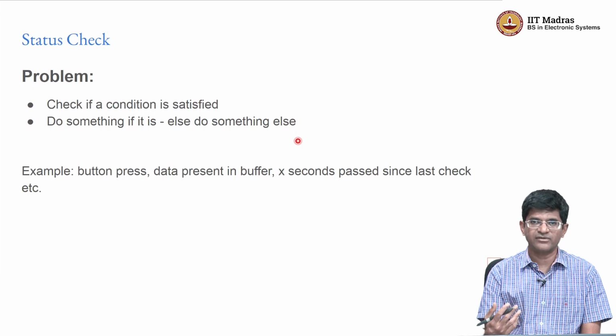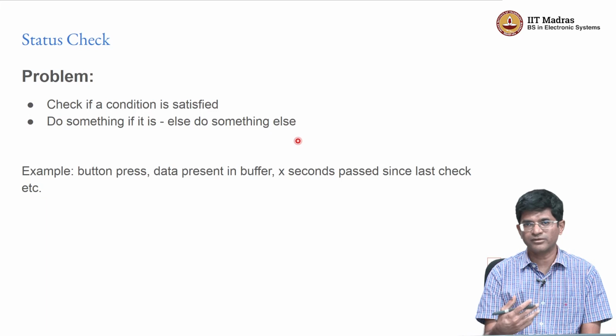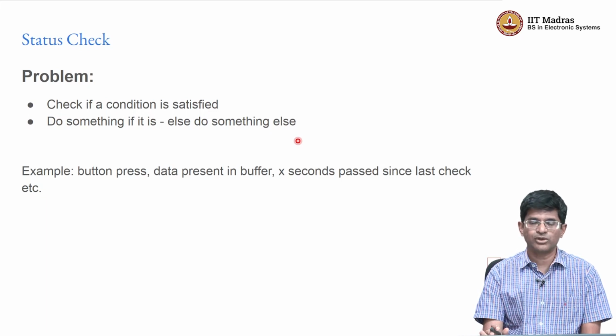We are dealing with external stimuli, and this is a point that bears repetition. Embedded systems are primarily interacting with humans or with other aspects of the external world, as opposed to, for example, pure computational programs. Let's say a high performance computing system like a climate model or an earthquake model that needs to be simulated and takes a large amount of time to run, where there is very little interaction with the outside world.